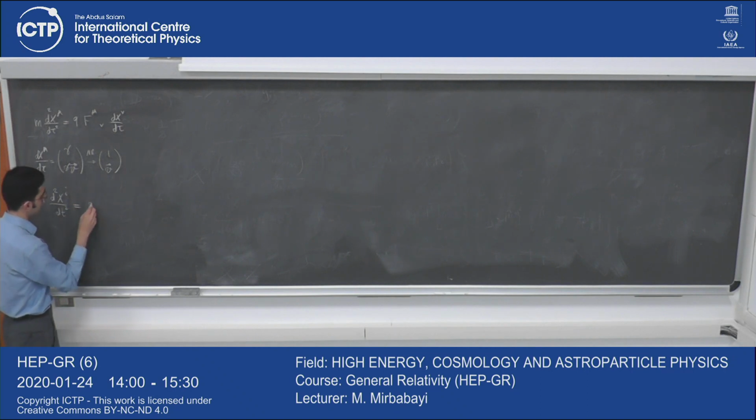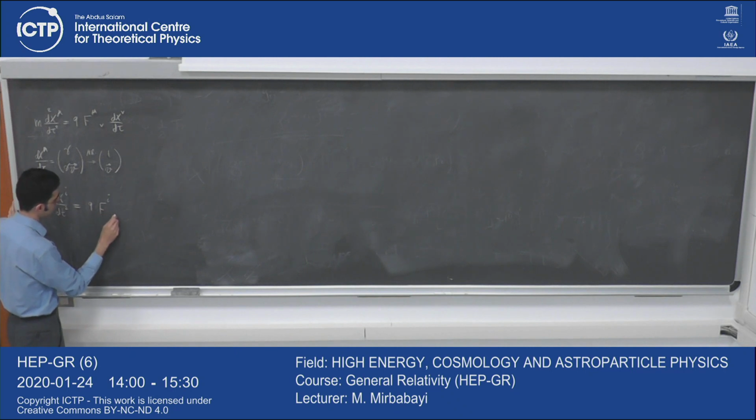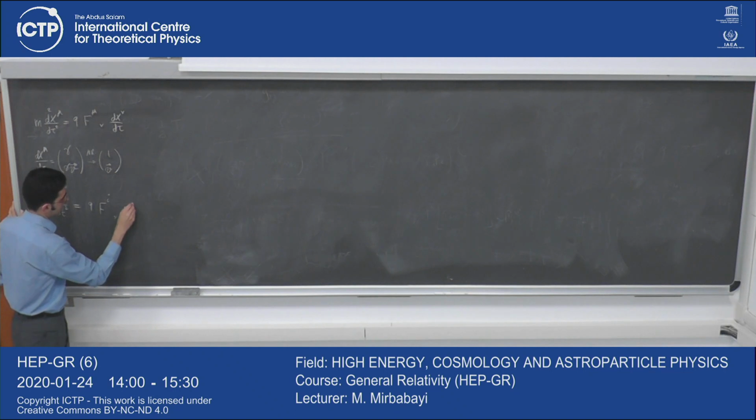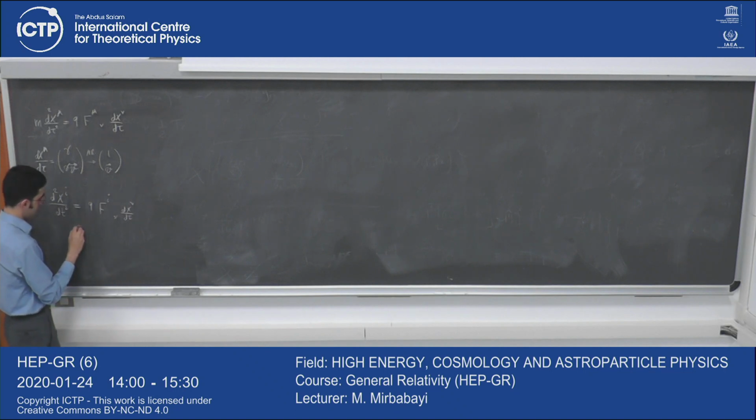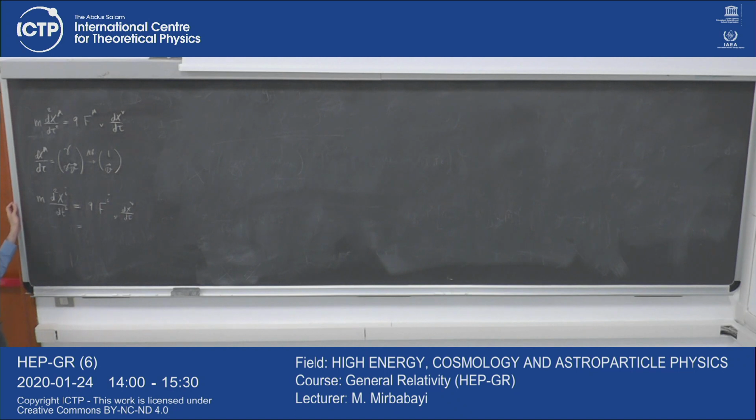And then on the right-hand side, we will have q F^i_ν dx^ν/dτ, which again we are going to substitute. We also use the fact that in our signature the spatial indices up and down are the same, because we are using the mostly plus signature for the metric.